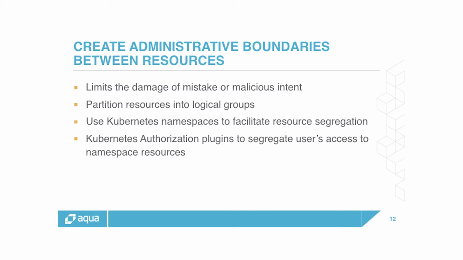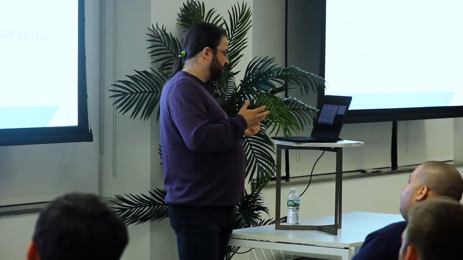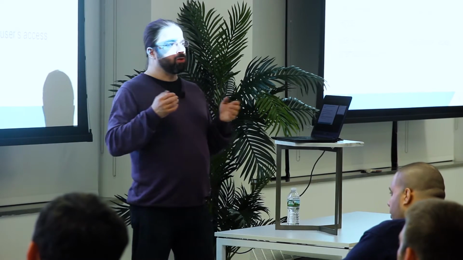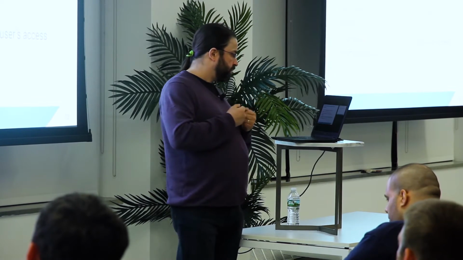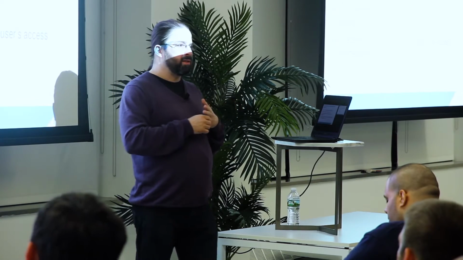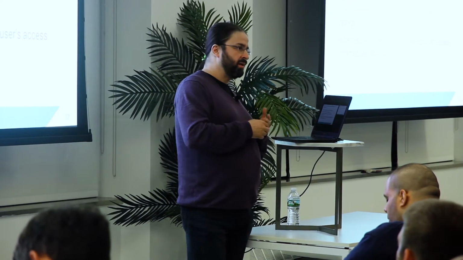You want to create administrative boundaries between your resources so as to limit the scope of user permissions to only the part of your environment which they require. Kubernetes namespaces facilitate basically just that.